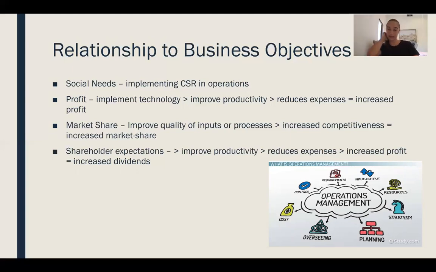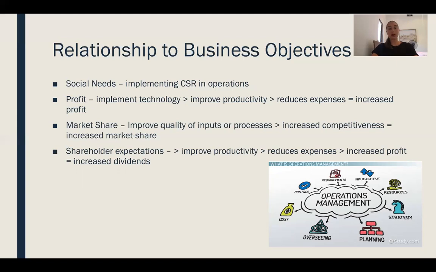This will come up more in the second video of this area study, but some ways the business could do that is by using solar panels to power the processes or sourcing inputs from suppliers that use strict code of conduct and don't use child labour. In relation to achieving the business objective of profit, the business can utilise technology and automation, which improves productivity. Because products can be made quicker, it reduces the expenses and therefore increases profit margins.